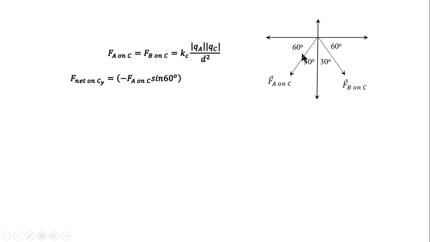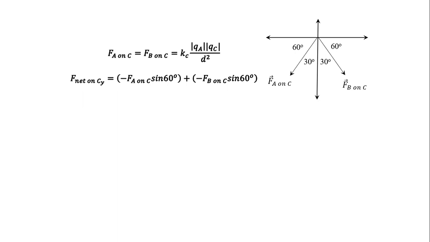Sine of 60, so SOH, that's my opposite, and I want this opposite side. Theoretically you could have done cosine of 30, but I just did it this way. It'd be this piece right here that I'm drawing with the arrow, sine of 60, and it's negative. Why? Because it's pulling it down.